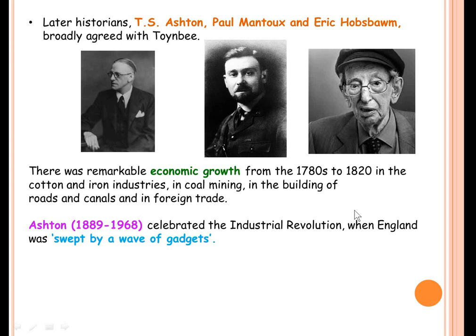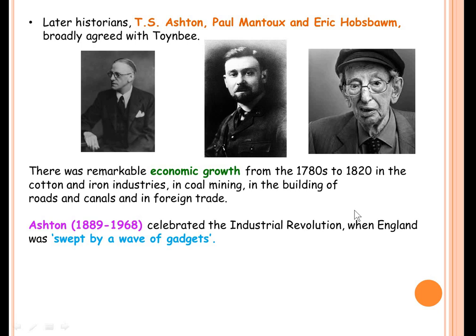There was a lot of economic growth which took place from the 1780s to 1820, especially in the cotton and iron industries, in coal mining, in the building of roads and canals, and Europe underwent a lot of changes, not only in its own country, not only in its own land, but the change was felt in and around Europe, not just in Europe.